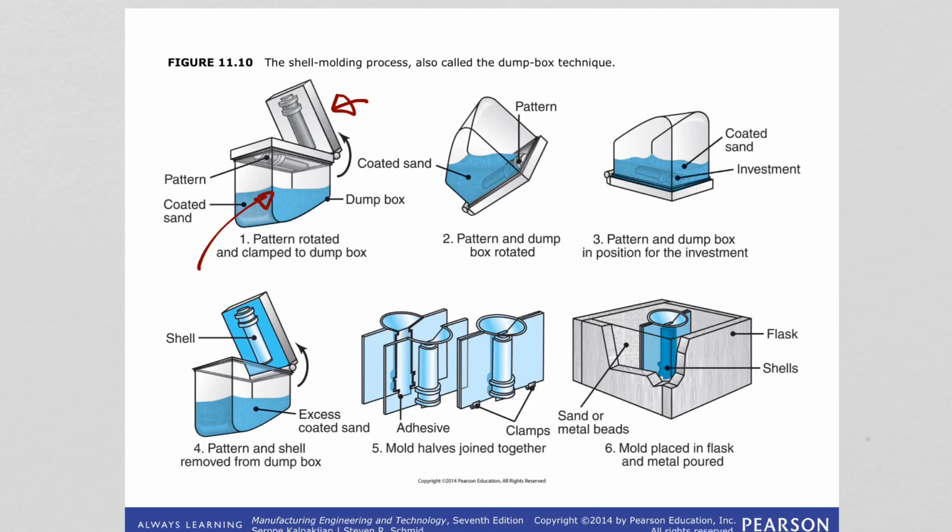This pattern is coated with a parting agent. The parting agent, usually silicone, is used so we can easily remove the part. That pattern is attached to a box or chamber.